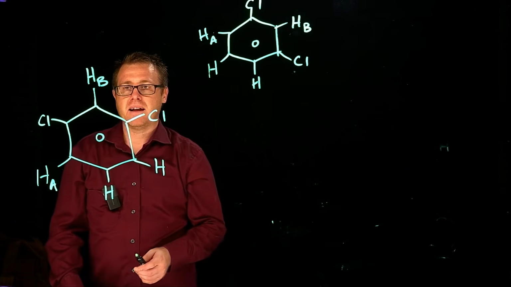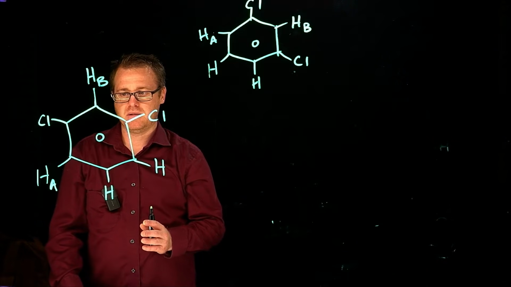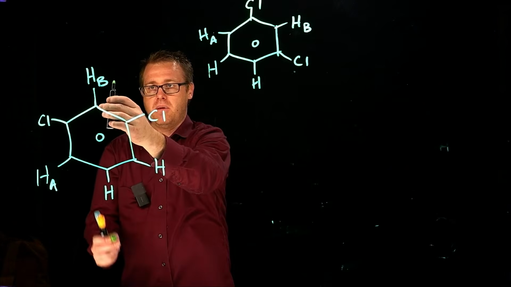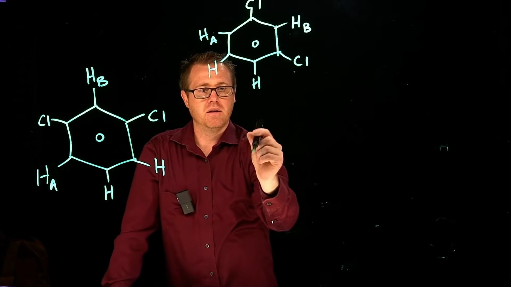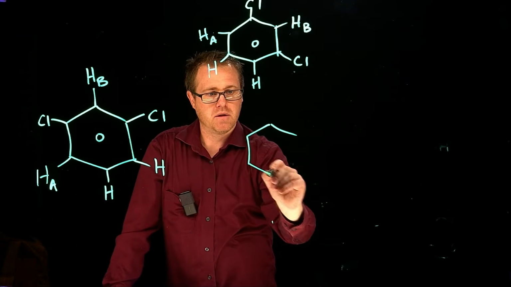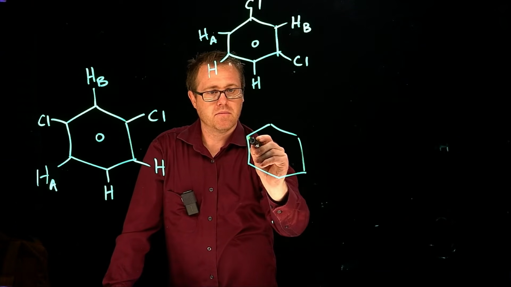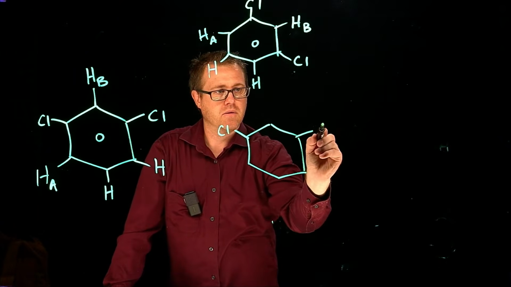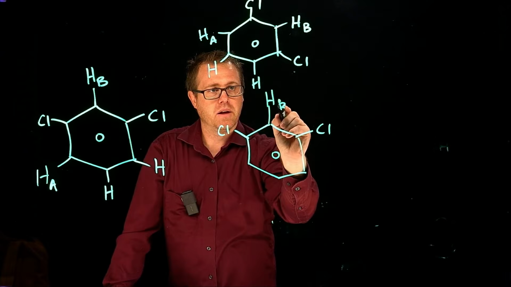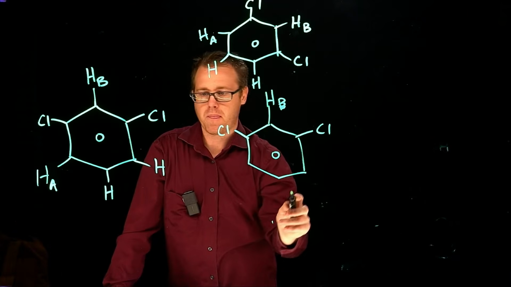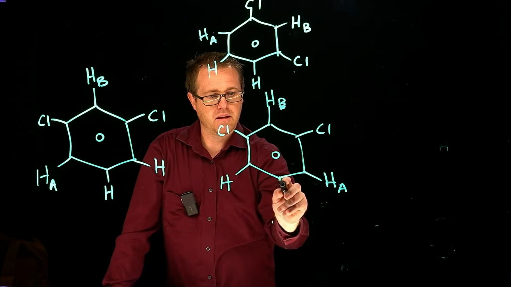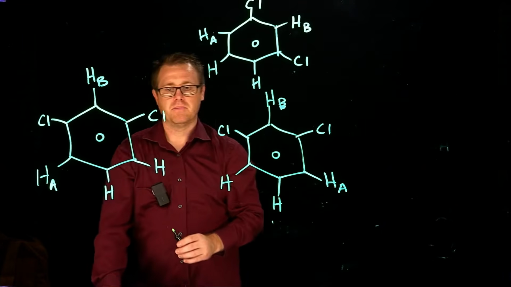Do we find an axis of rotation? If I take this molecule and rotate it upon this axis right here, what would we see? HB, and this would be our HA.